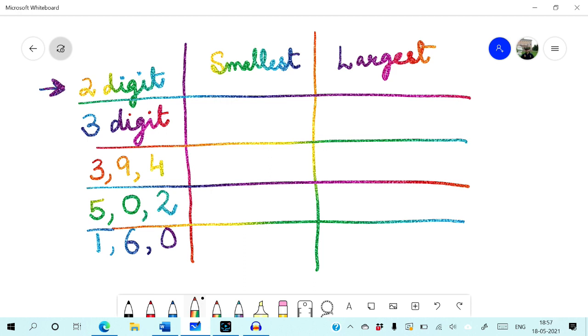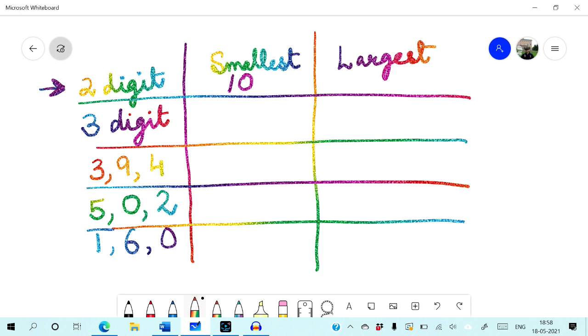Now we have to write the smallest 2-digit number. Now we have to write the smallest number, so we must use the smallest 2 digits. So here we will use 1 and 0. So 10 is the smallest 2-digit number.